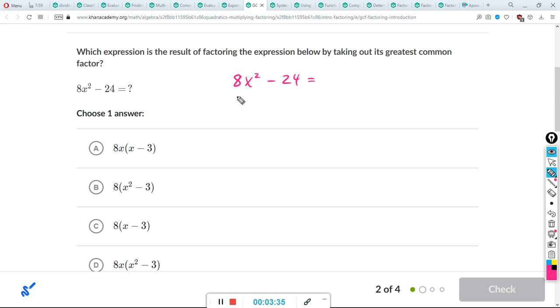Because 8 divided by 8 is 1, 24 divided by 8 is 3. Then 8 times what is 8x squared? That's just x squared. And 8 times what is negative 24? That's negative 3. So this is your answer, 8 times x squared minus 3.